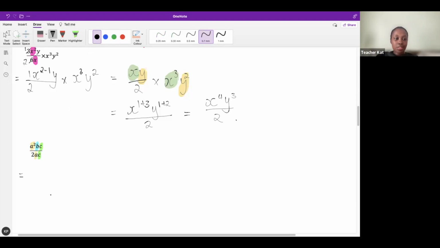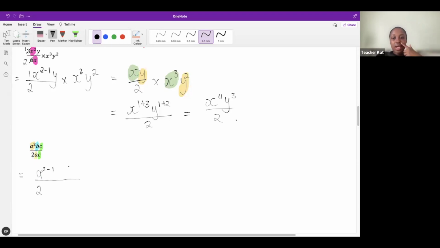There are no other numbers, so 2 is just going to remain 2 in the denominator. So then we are dividing and we are subtracting. So it's going to be A to the power of what minus what? I'm going to put this 2 here because we're not doing anything with it. So it's A to the power of what minus what? 2 minus 1, thank you.